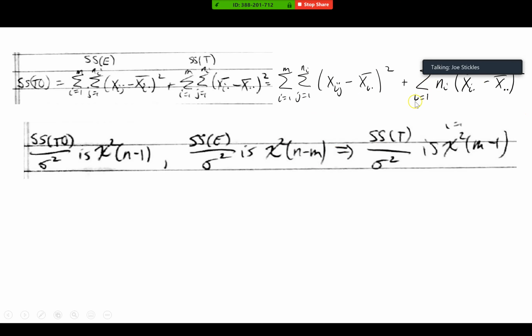So we don't have enough machinery to prove this right now, but you can guess that if this piece is chi-squared and this piece is chi-squared, this piece also has to be chi-squared, and the degrees of freedom have to match. So to get from n minus m to n minus 1, I have to have m minus 1 degrees of freedom.